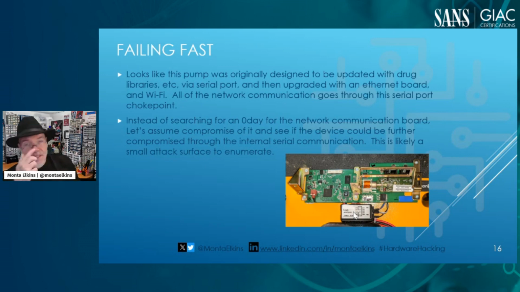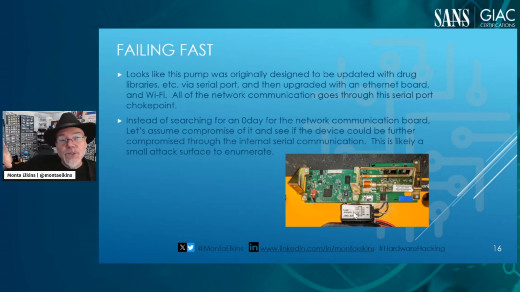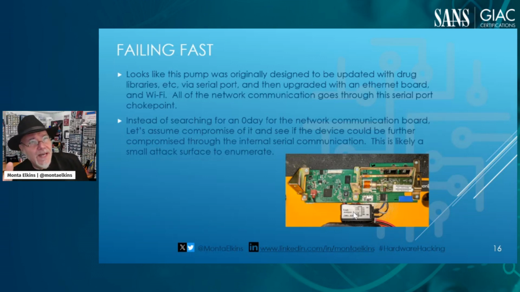This is interesting because I want to know how much I can compromise this device if I had total control of this communication board. Because it might not give me total control of the device, particularly because it's a serial connection, and those tend to have a small attack surface. It's not like it's a lot of open ports and services.